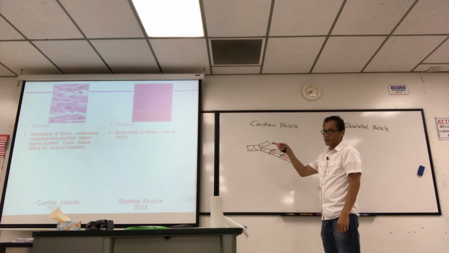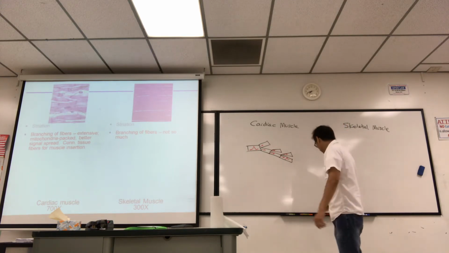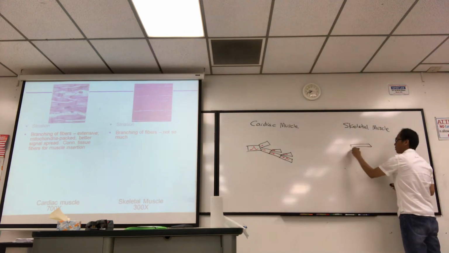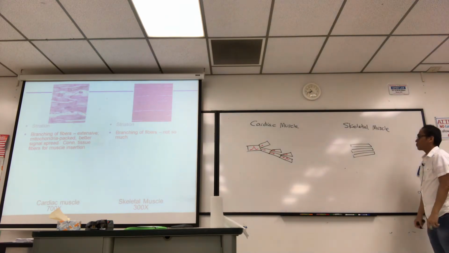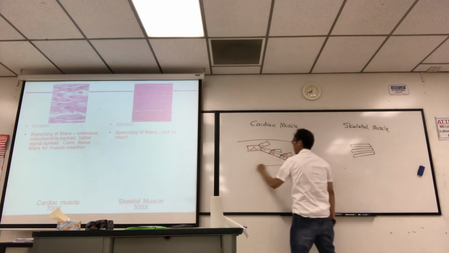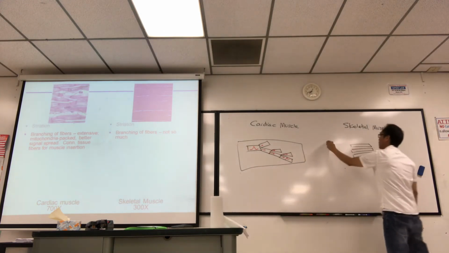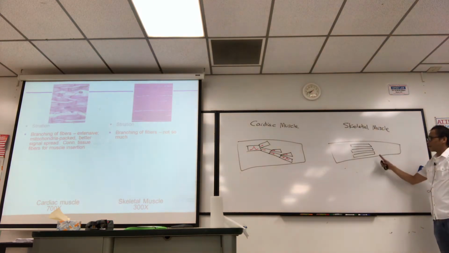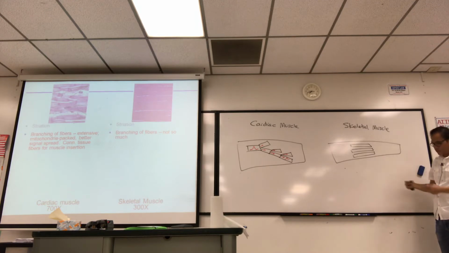Now, in skeletal muscle, the muscle fibers are kind of more parallel. Pretend these are all muscle fibers. Put a box around this. Put a box around that. If you want to make these contract and fire an action potential, a nerve needs to innervate it. And you learned all those nerves.